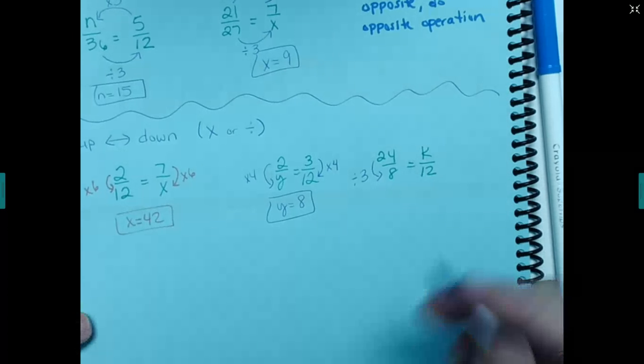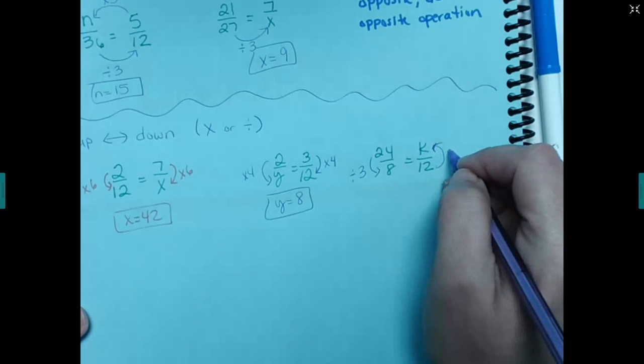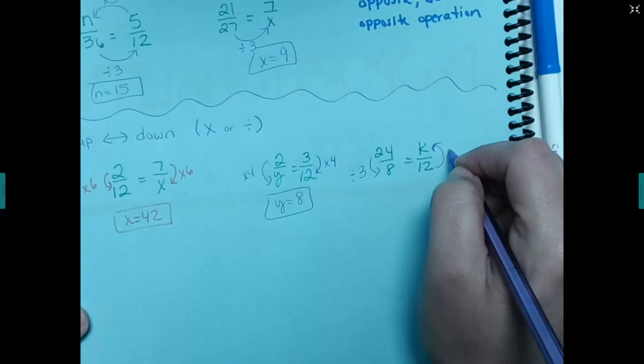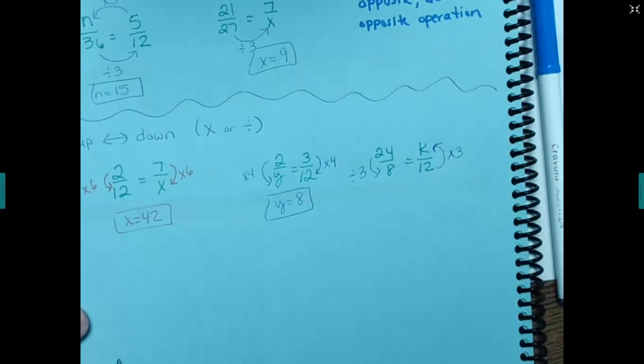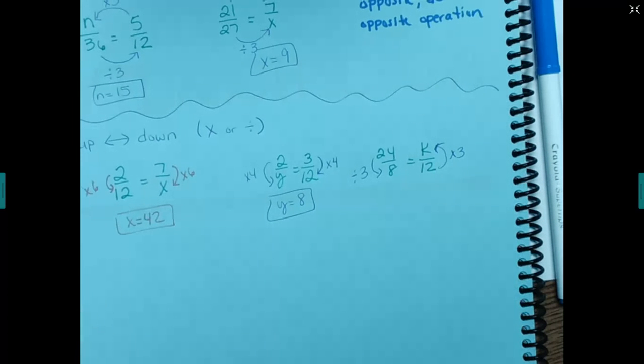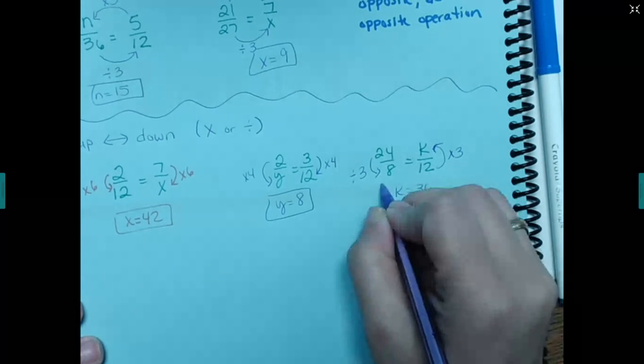Now on the other side, remember my arrow has to point to the letter. So what operation am I doing now? Multiply by 3, good. Okay, so again, if the arrow goes opposite, you do the opposite operation. So 12 times 3, k equals 36.